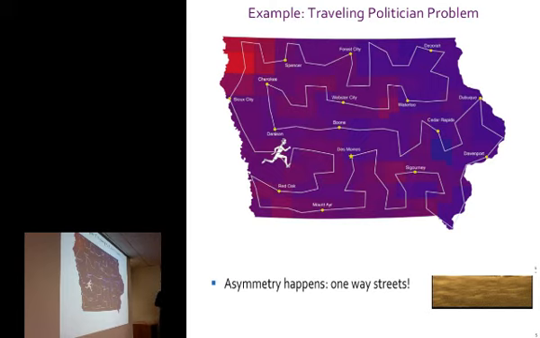Because these candidates have limited time, and their time is valuable, it's crucial that they use the shortest tour to visit all these counties. This is the tour that William Cook and co-authors computed, and they showed that this is the optimum one. So it's good that they use this tour.